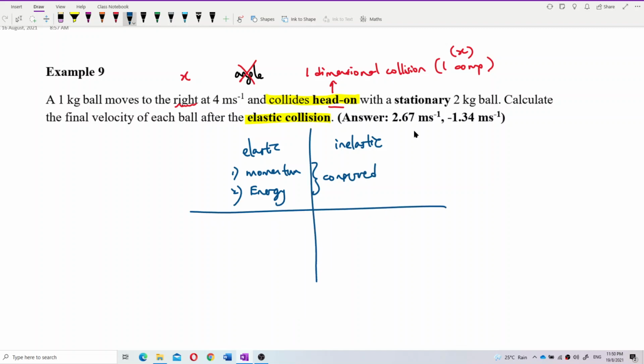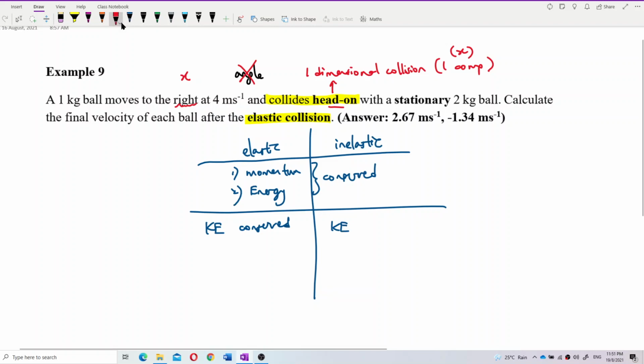However, one similarity between elastic and inelastic is that both conserve momentum and total energy. But the kinetic energy is different. For elastic, the kinetic energy is conserved, but for inelastic, the kinetic energy is not conserved.